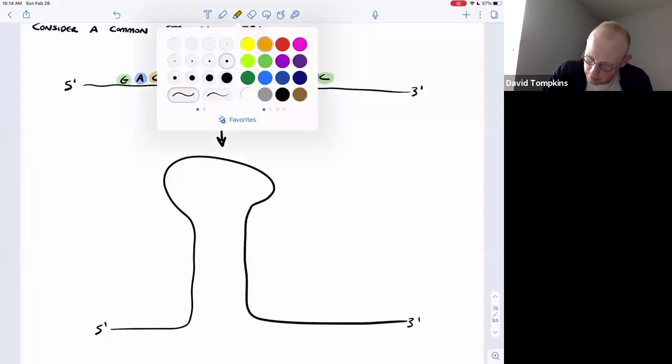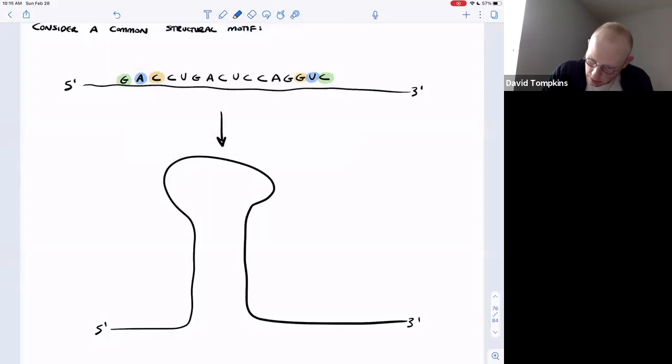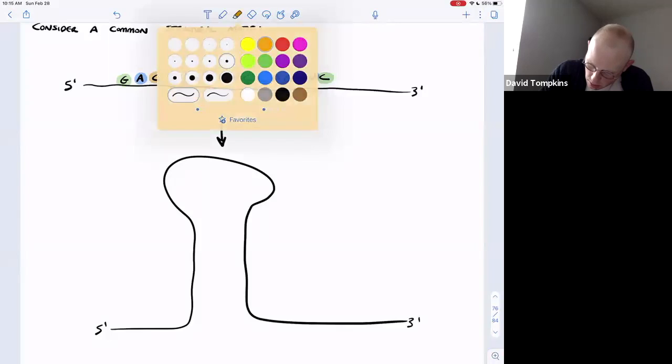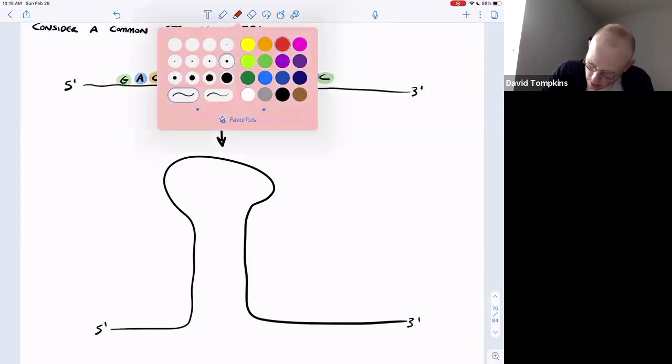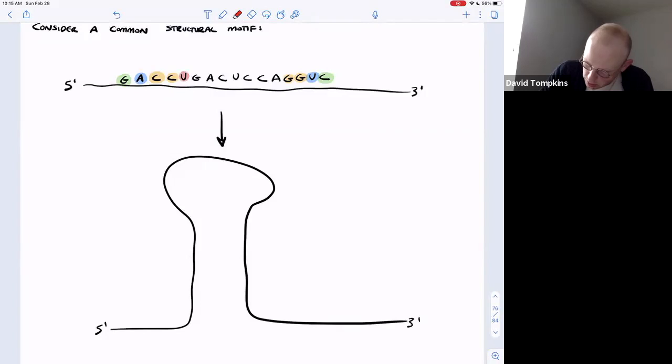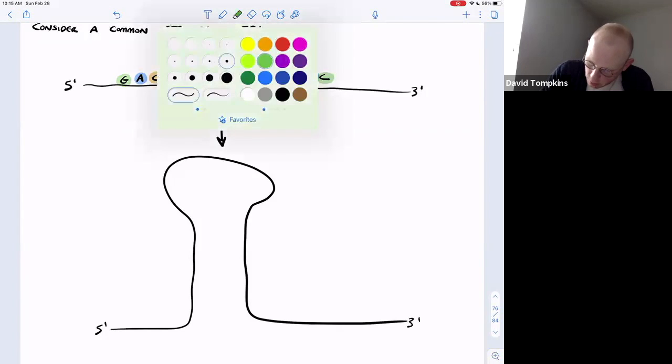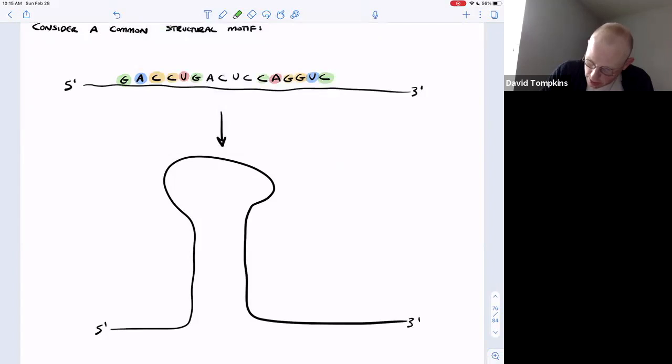Cytosine with guanine, once again, cytosine with guanine, uracil with adenosine, and finally guanine with cytosine.